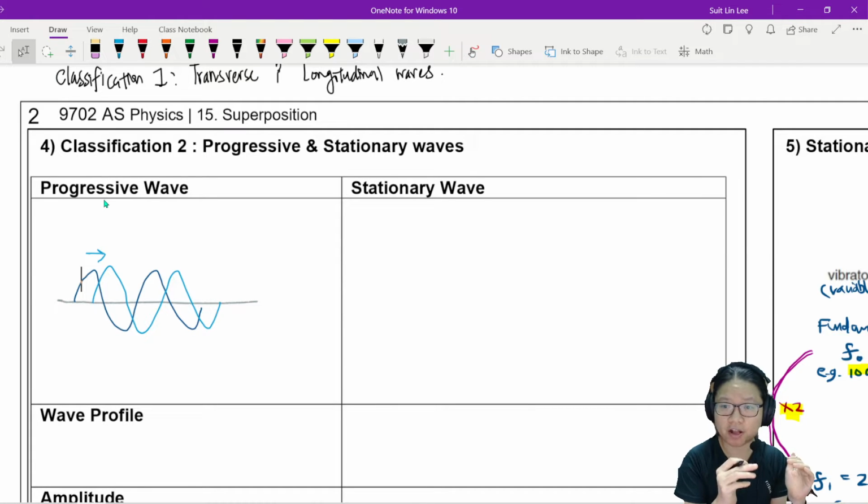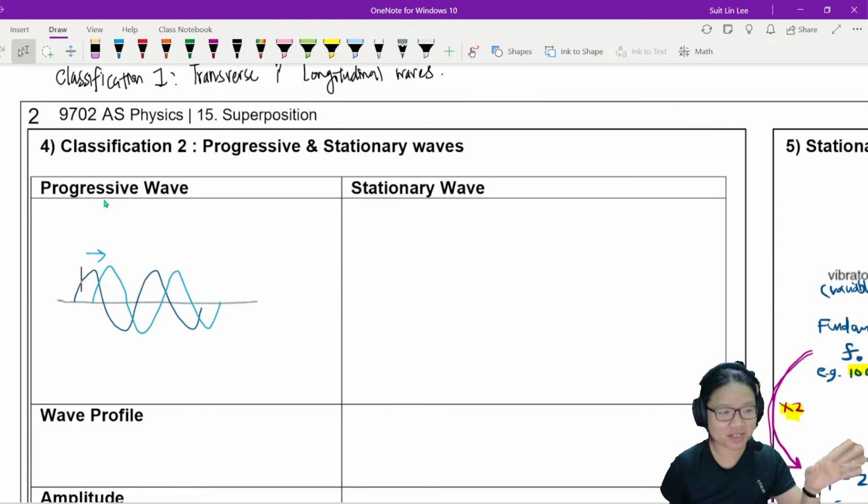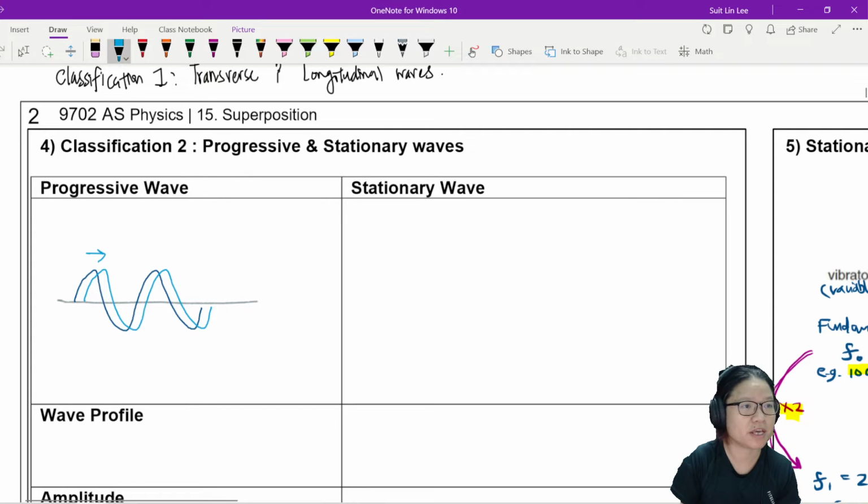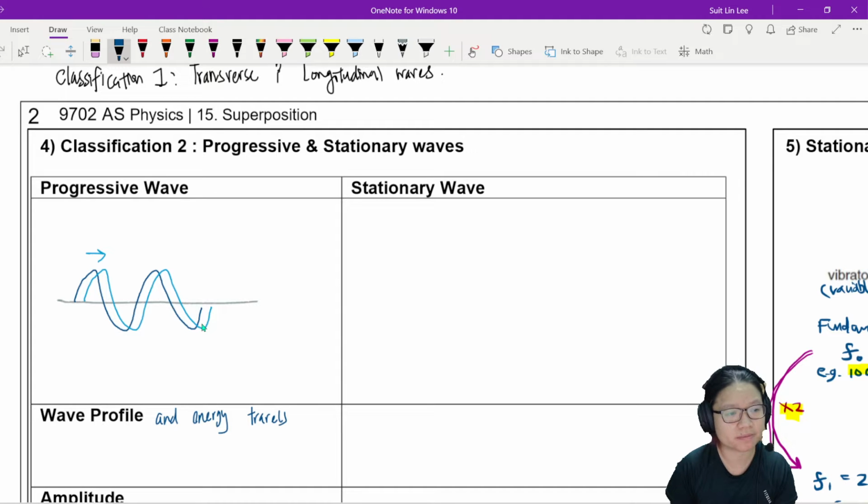The wave profile, not drawn perfectly, will shift from one side to the other side. This is a better drawing. You can see the wave profile is moving. So the first thing I can describe is the wave profile. I will say that the wave profile and energy travel from one point to another.